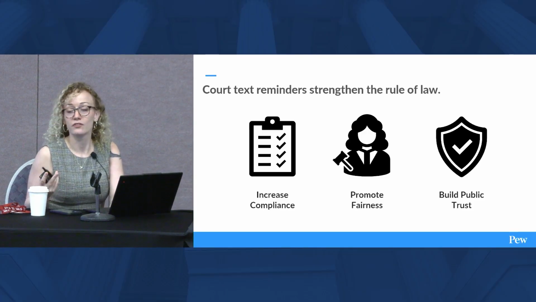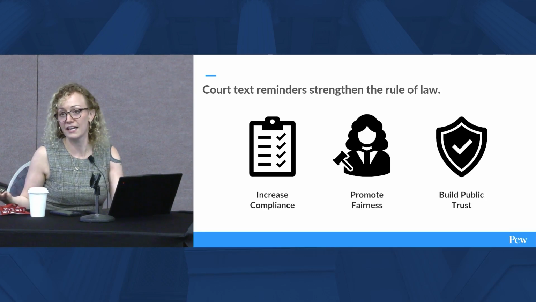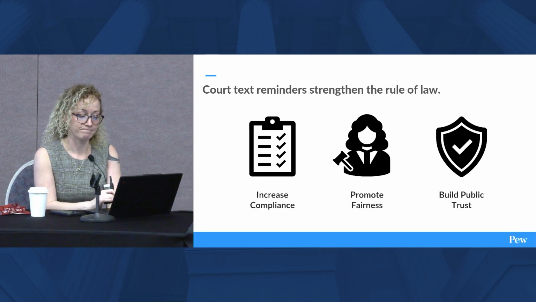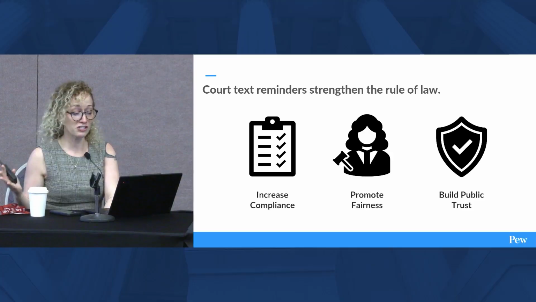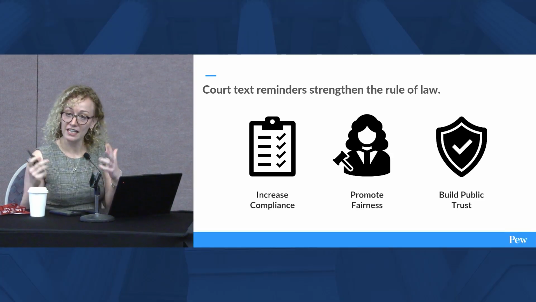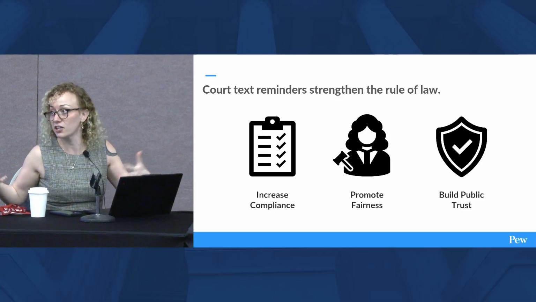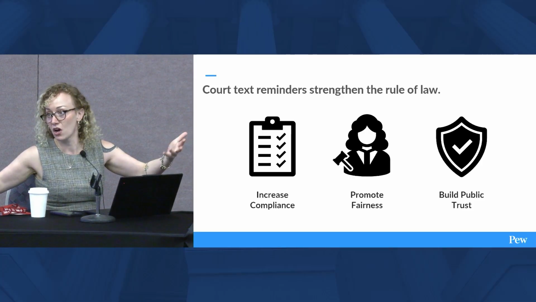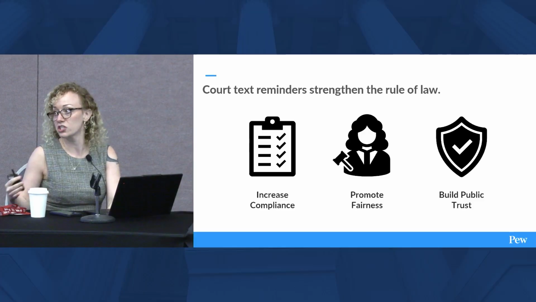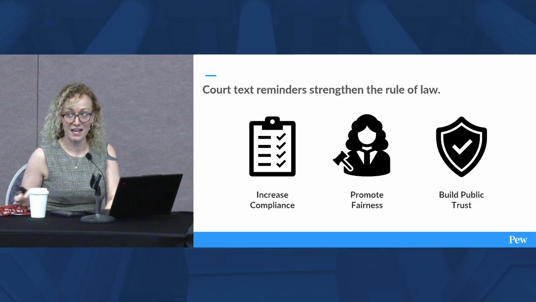They help courts treat all people equally under the law, which is a core tenet of the rule of law. So just to close out, court text message reminders are a small operational change that has huge institutional impact and huge ripple effects throughout our justice system, from the courts to the jails to general trust in our institutions.